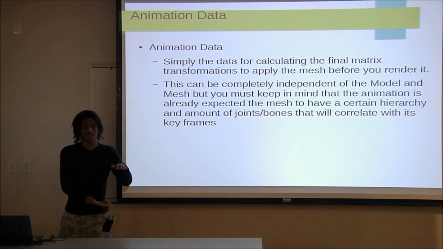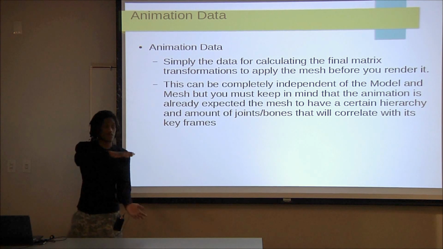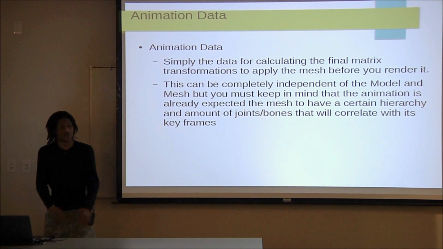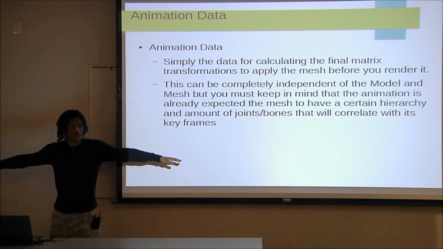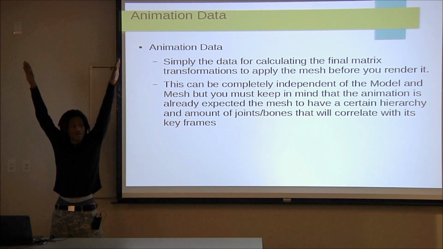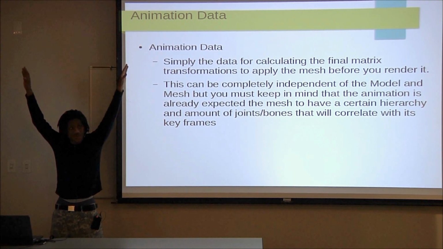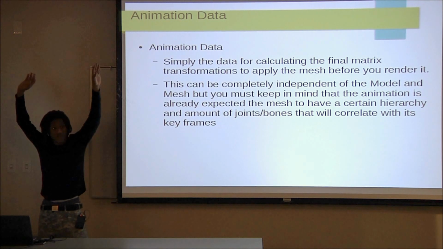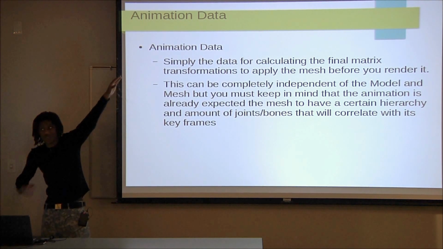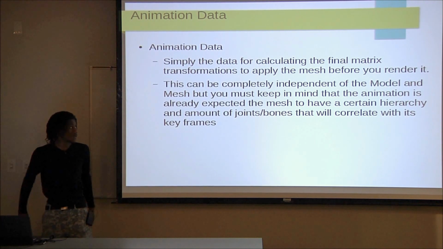A keyframe is your position, rotation, and scale for every frame of animation. So it would be the position, rotation, and scale of every single joint in the hierarchy. And then as soon as I go to some other frame of the animation, or keyframe, is the position, rotation, and scale of all of those.